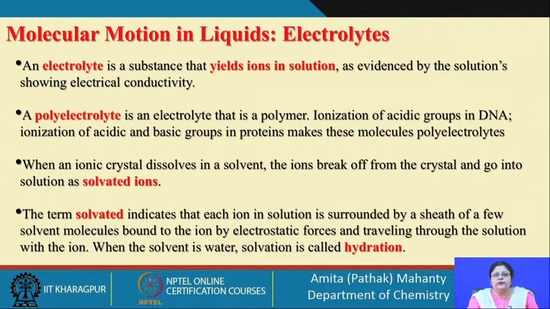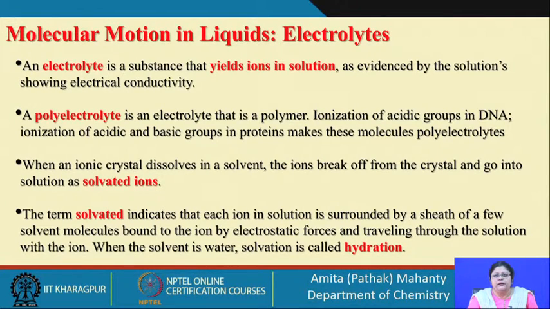When we are talking about the electrolyte, I am not going to talk about the types of electrolyte right now. I am just going to give you an overview, because we will look into the types of electrolyte in a later class. An electrolyte is a substance which yields ions in solution.